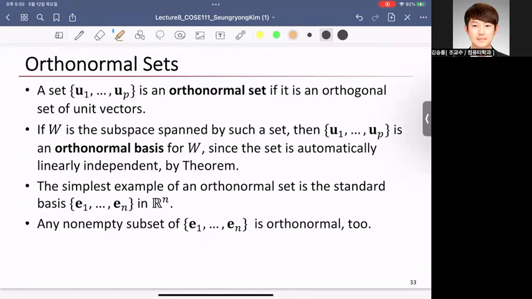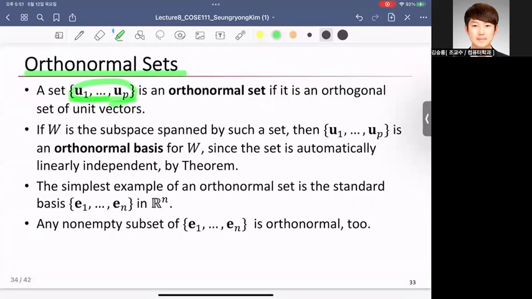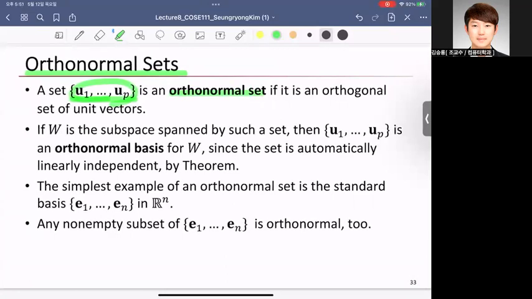Let me go further. We discussed the orthogonal set, right? And there are also orthonormal sets as well. What is an orthonormal set? It's very similar to an orthogonal set, but the main difference is that a set is orthonormal if it is an orthogonal set of unit vectors.